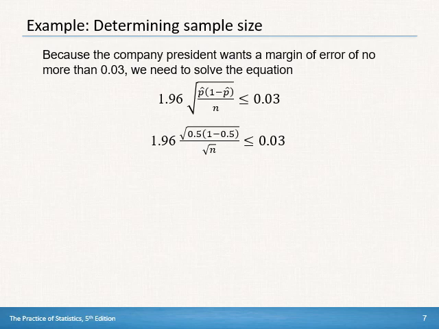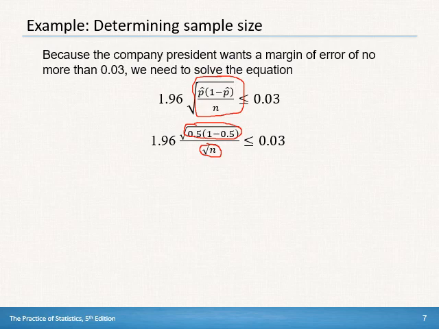So instead of leaving it as a fraction underneath one radical, we remember from algebra 2 that we can split this fraction under the radical into a fraction of radicals, right? So this will help us algebraically solve for the square root of n.